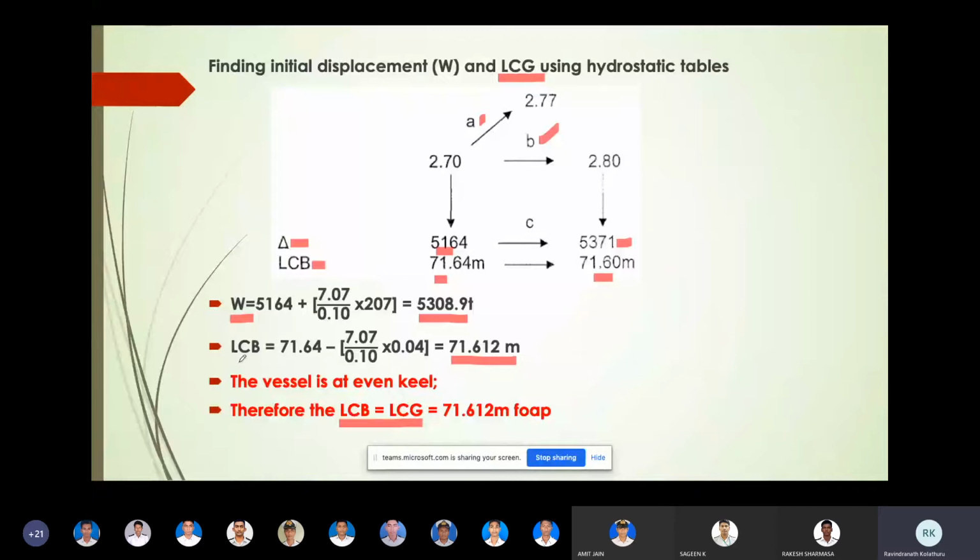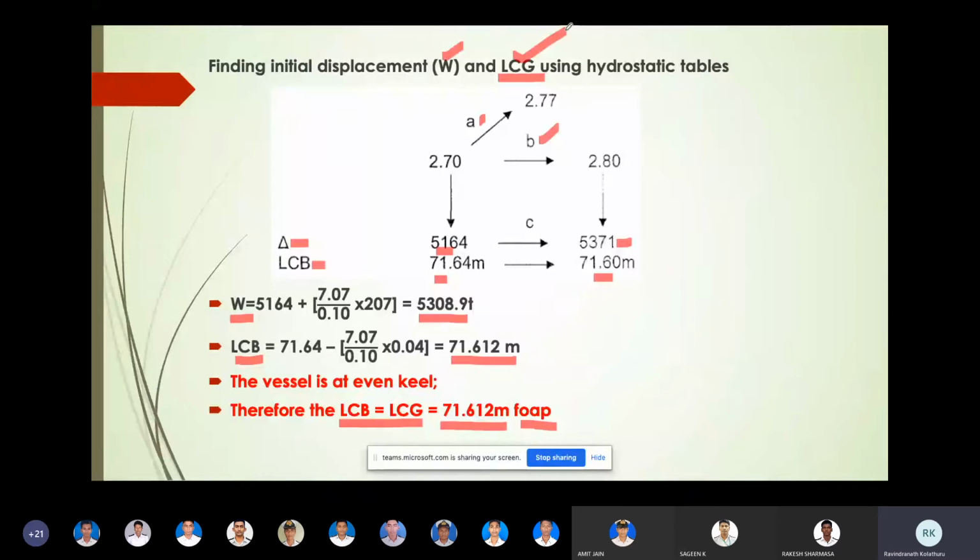So what I did, from the hydrostatic tables, I found out LCB, and since my vessel is on even keel, I can say that my LCB is equal to LCG. So my LCG value also will be 71.612. Okay. So now what happens? Now with my initial TMD draft, I got my initial displacement and initial LCG.